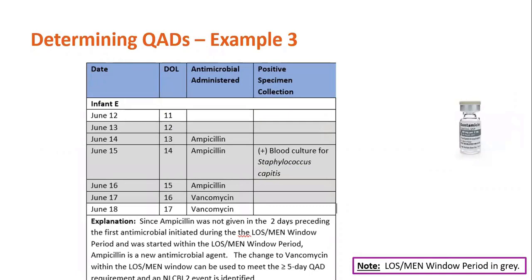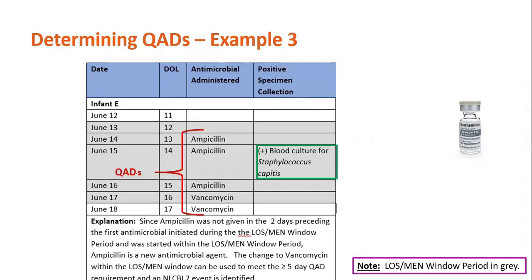In our final example, we have infant E. Infant E had a Staphylococcus capitis positive blood culture on June 15th and day of life 14 that created a June 13th through June 17th late onset sepsis min window period.